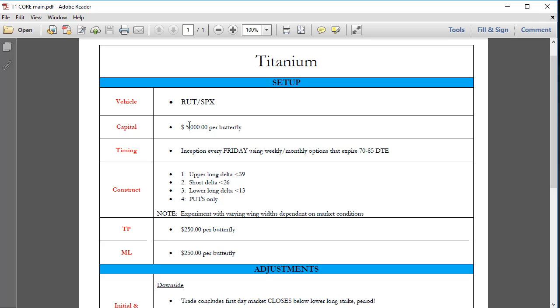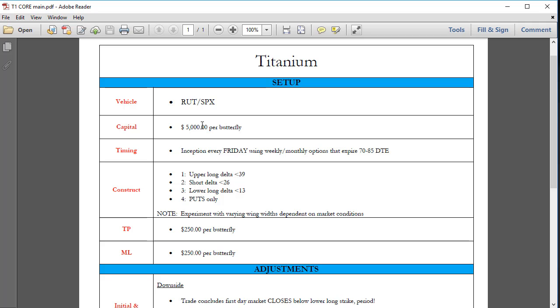If I am deploying $5,000 per butterfly and putting it on every Friday, you can obviously see that the account is going to need enough capital so that if I need to absorb 2 or 3 or 4 consecutive losses in a row, it's not going to blow up my account. Because if I am risking $250 on a $5,000 trade, that's 5% of the margin required for this trade. It's not 5% of my entire account.